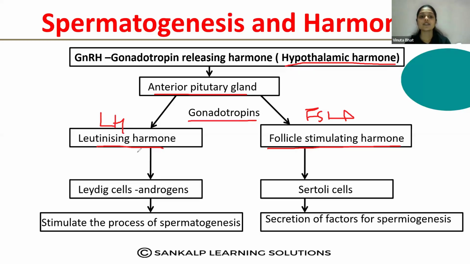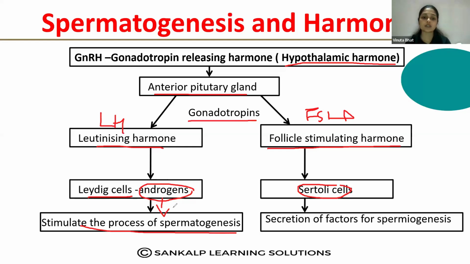What is the function of luteinizing hormone? It stimulates the Leydig cells to secrete androgens. With the help of luteinizing hormone and follicle stimulating hormone, the Sertoli cells are stimulated. These androgens stimulate the process of spermatogenesis, helping in the formation of the sperms.